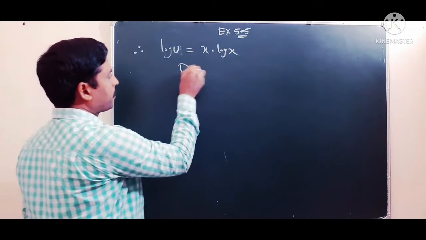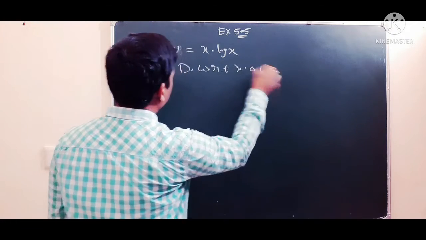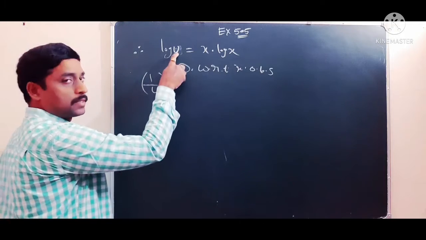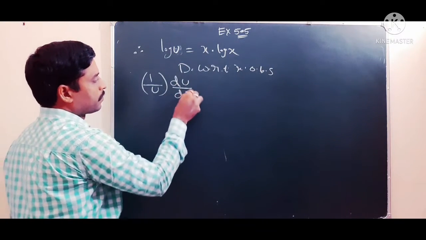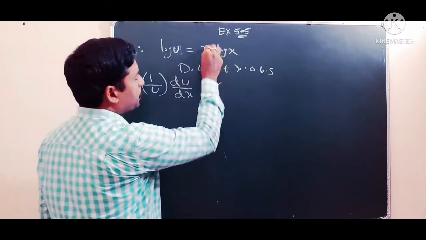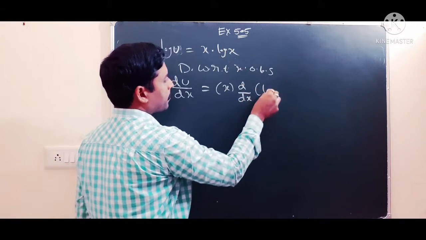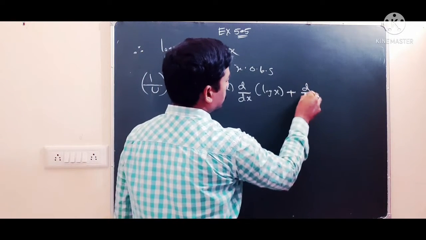So now applying differentiation with respect to x on both sides. Differentiation of log u is 1 by u and differentiation of u with respect to x, we get du by dx. Okay, by using the UV formula, x into differentiation of log x plus log x into differentiation of x.